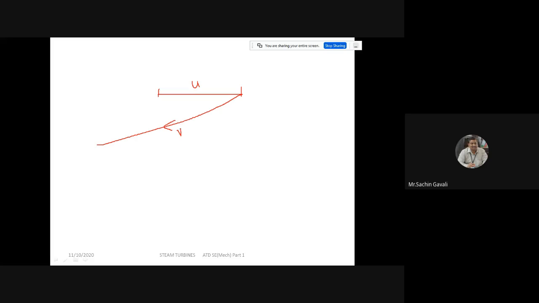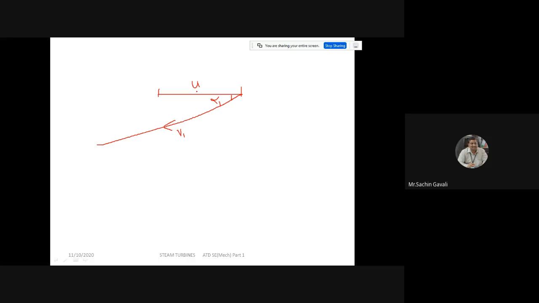Let us consider it V1, or in some books it is given as C1. Whatever angle V1 makes with the horizontal, we call alpha 1. Then between U and V1 there is one relative velocity.